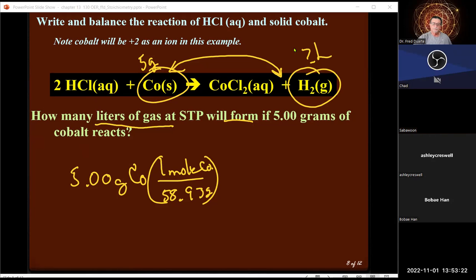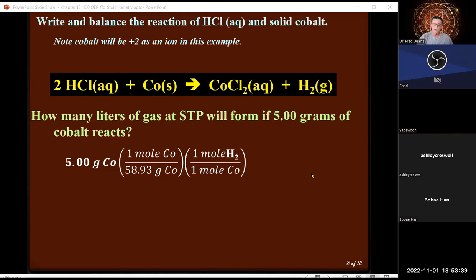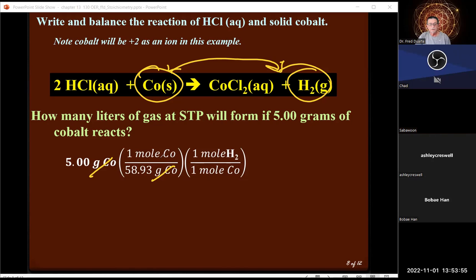And so our next step gives us the moles of cobalt, okay? Then the fact that it's a 1-to-1 relationship between cobalt and the gas, that now puts us in units of moles of hydrogen. So we went from grams of cobalt to moles of cobalt to moles of hydrogen, okay?